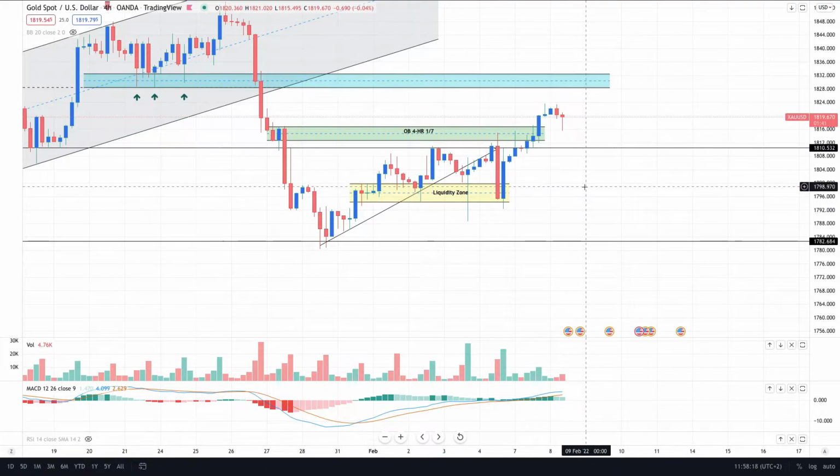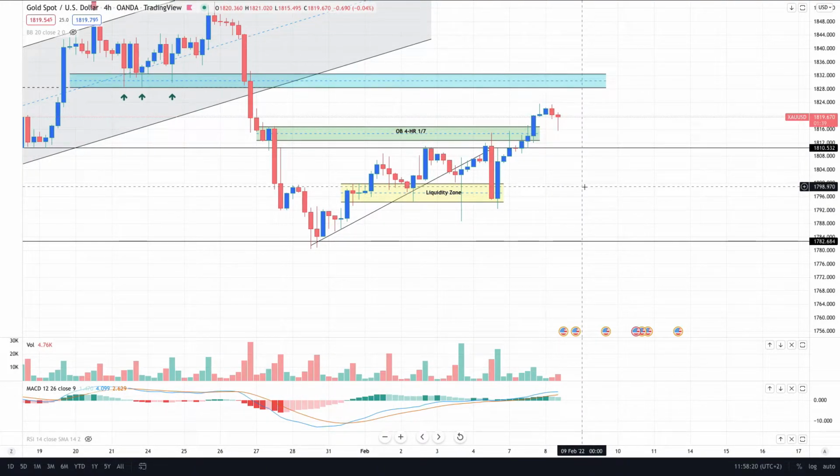So we don't have any entries setting up right now. But what I would ideally like to see is price come back down and retest this area of resistance flipped to support at the 1810.5 mark before carrying on upwards to this area here around the 1830 zone.